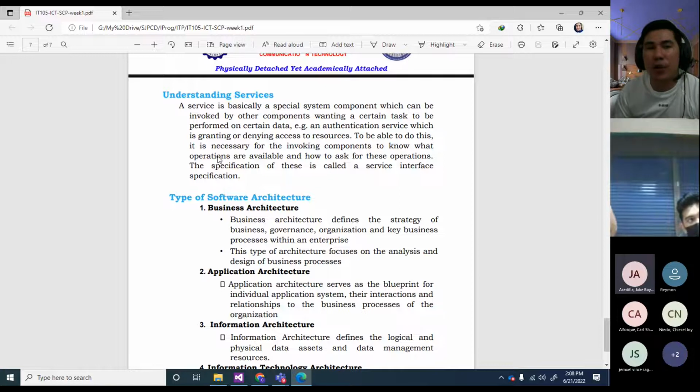So what is a service or services? It's basically a special system component which can be called or invoked by other components. For example, if an application component is going to call or invoke a certain task that needs to be performed, or fetch data from the service that you are providing, and then process this data and convert it into human readable information.